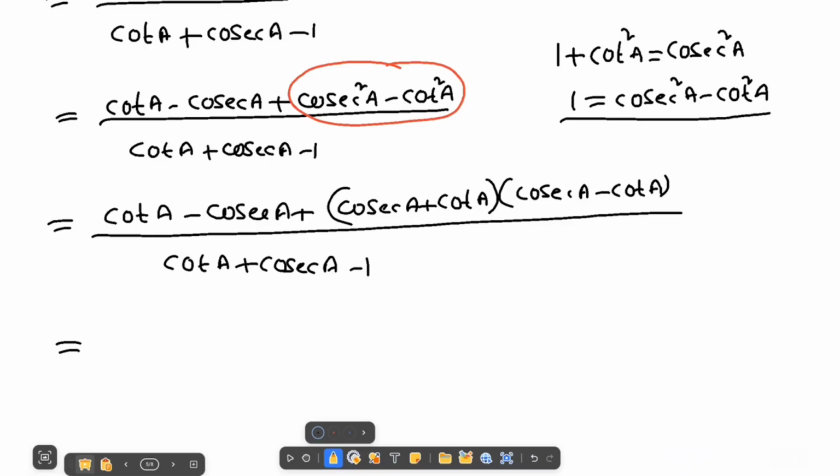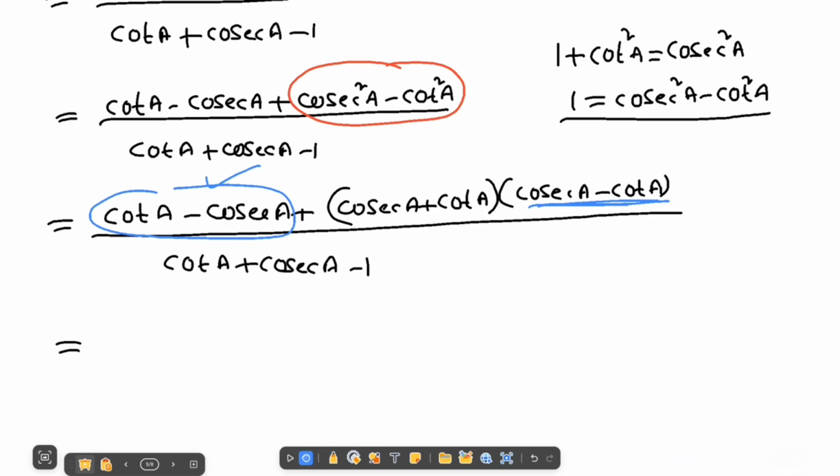Now what can we take common? Here we have cot A minus cosec A. Here we don't have cot A minus cosec A; here we have cosec A minus cot A. So to get this, let's take minus common here.